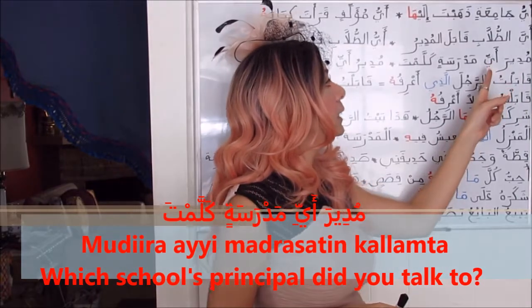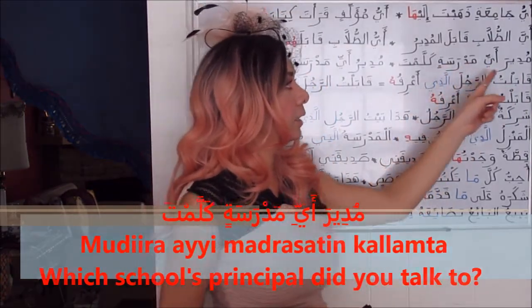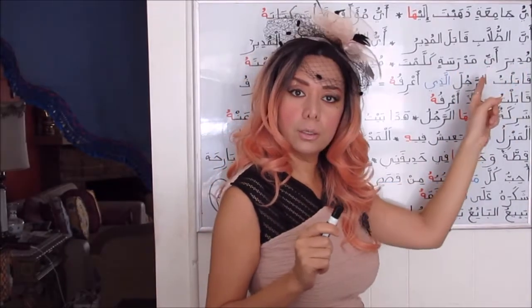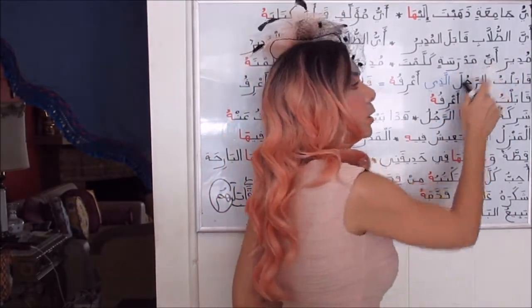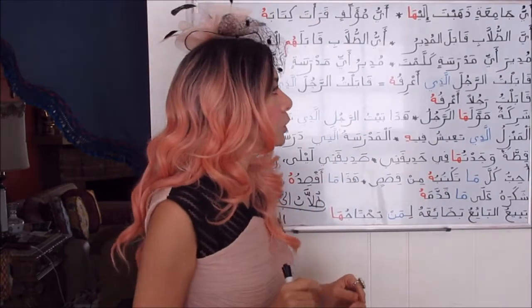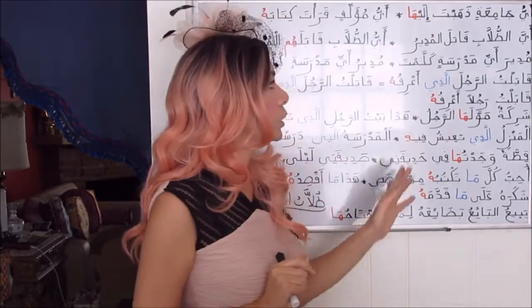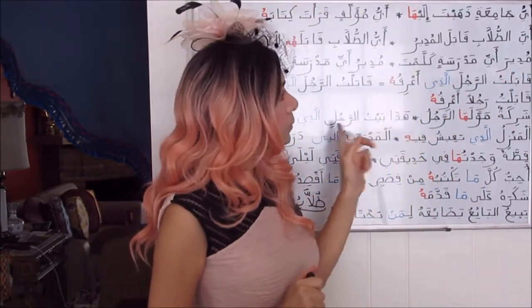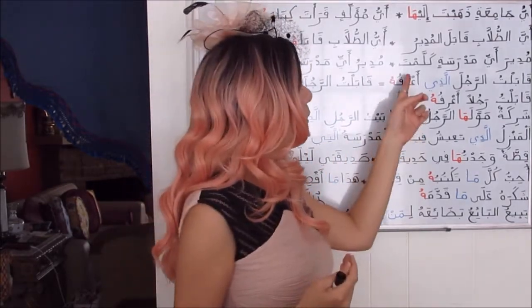So مديرة أي مدرسة. Here we have split the possessive construction by inserting a which in the middle. So in questions you will have to do so. Split the possessive construction. كلمت. Which school's principal did you talk to? So here we didn't have to attach any resumptive pronoun because we are asking for the object of the sentence.